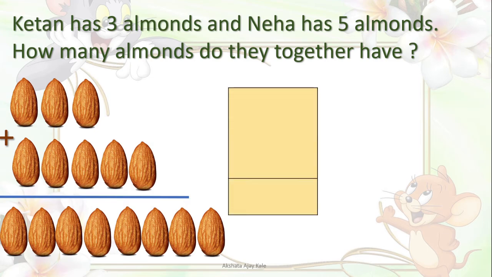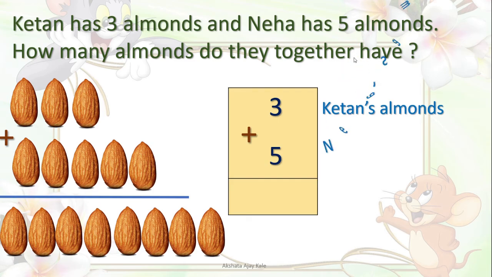See, this is a table. What to write here? First 3. Okay. What is this 3? Ketan's almonds. Then next we will write 5 here, plus 5. What is this 5? Neha's almonds. Neha has 5 almonds, correct? So 5, Neha's almonds.